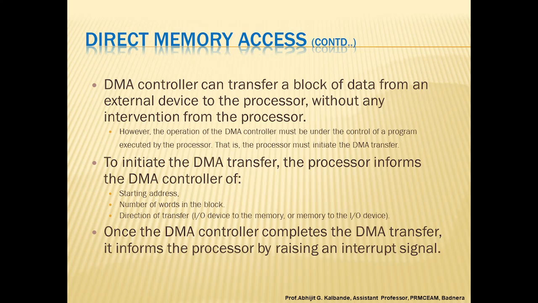The status register can also be used to record other information, such as whether the transfer took place correctly or whether there was an error. While the DMA transfer is taking place, the program that requested the transfer cannot continue. However, the processor can be used to execute another program.